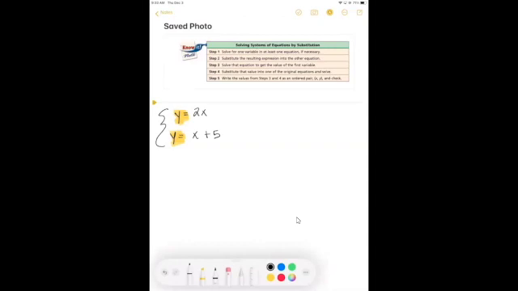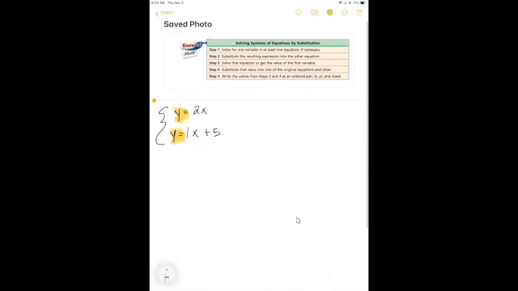So that means I am going to take this portion of the equation and put it where y goes, because I'm saying that y equals 2x. Y also equals x plus 5. So I am going to take x plus 5 and substitute it for y.